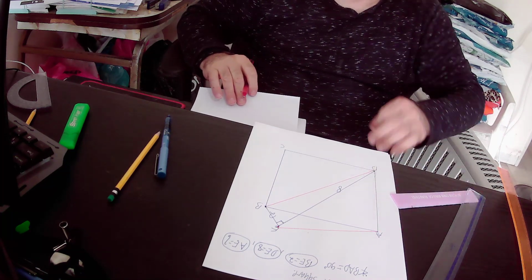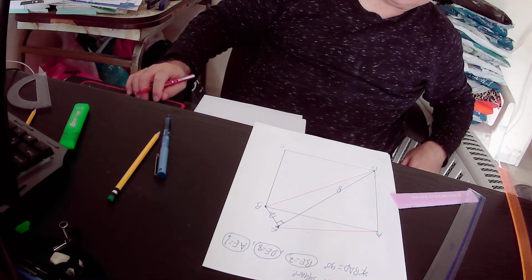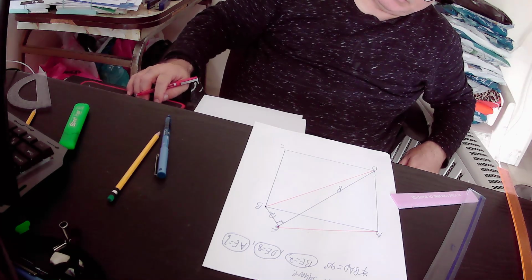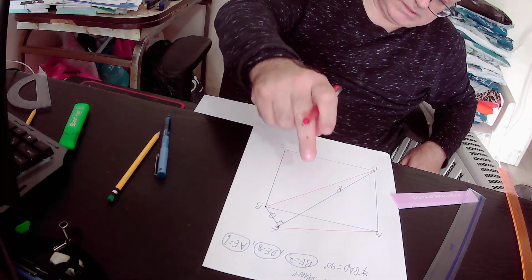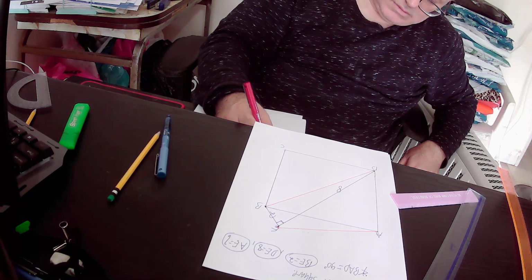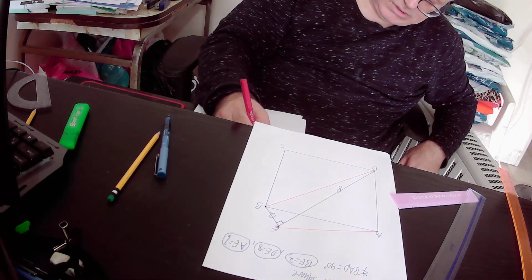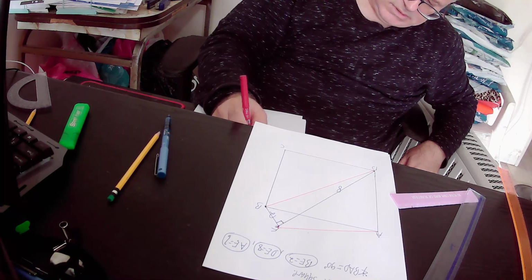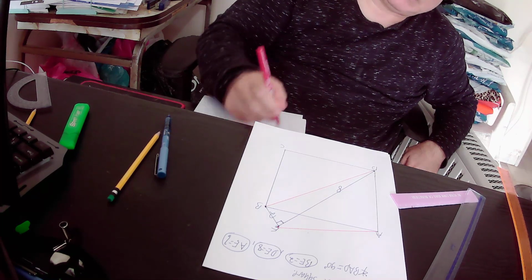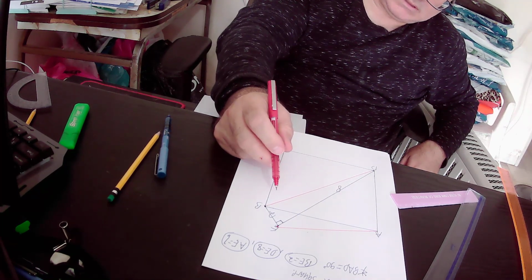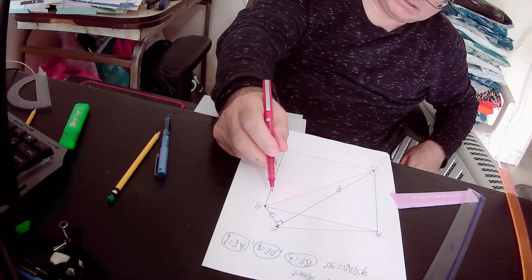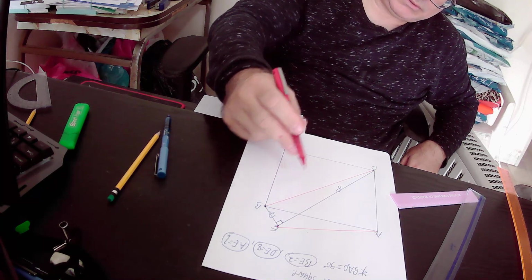The Pythagoras theorem states that in any right triangle, the square of the hypotenuse equals the sum of the squares of the perpendiculars. So the hypotenuse in the right triangle EBD is BD. So BD square equals EB square plus DE square.